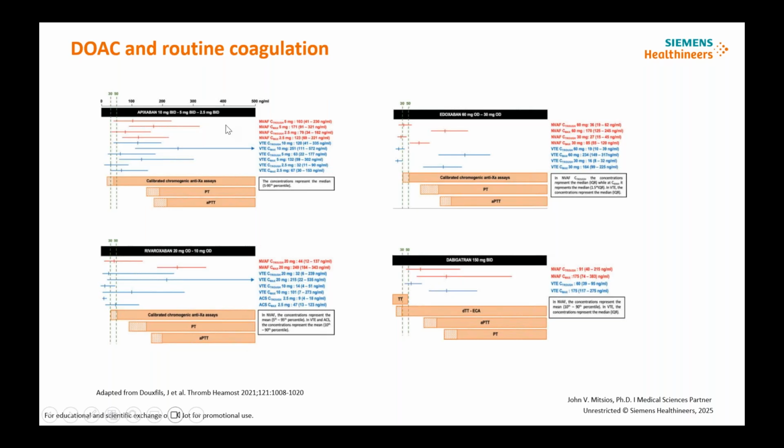I alluded to that there's a lot of inter and intra variability. And if you see for VTE prophylaxis, again, a number of peak and trough concentrations. But what's interesting here is if you're using a specific calibrated chromogenic anti-10A assay against the apixaban, it allows you to give you a concentration, and it gives you that concentration of at or 50.